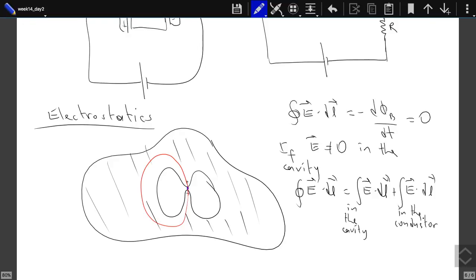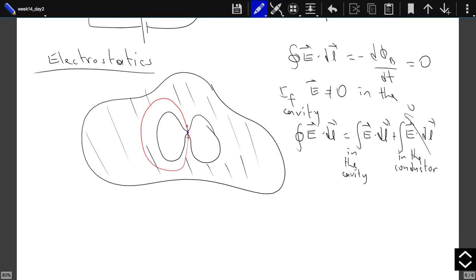Well, in the conductor, the electric field is always 0 in electrostatics, so this is 0. Since the electric field is not 0 in the cavity, this is non-zero, but the total should be equal to 0. So we reach a contradiction if we assume that E is non-zero in the cavity. That is why such a configuration of charges is not possible.